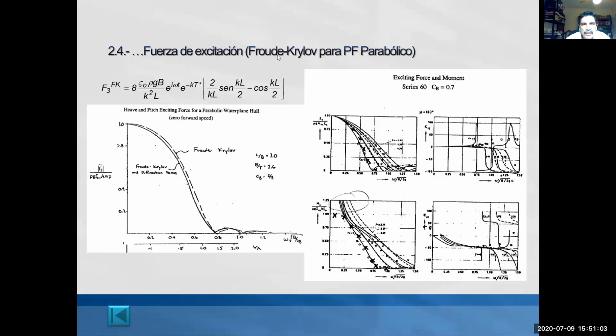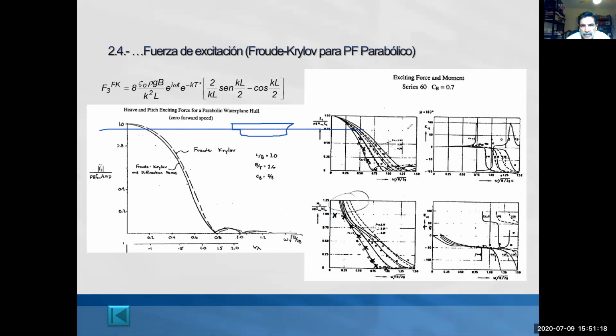So let me try to draw here. Okay, it's like having, let's see, this is your ship. Okay? Let's suppose this is the horizontal. Okay? And basically you are having a very long wave, so it's something like this, right?